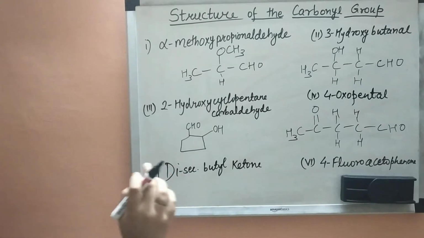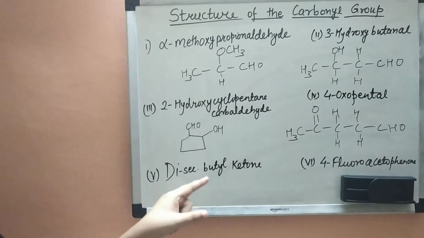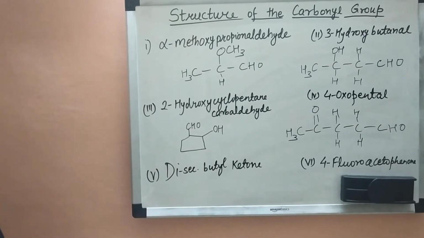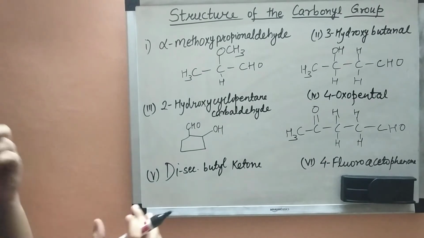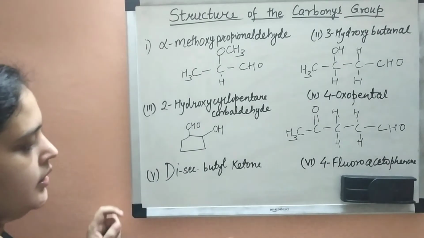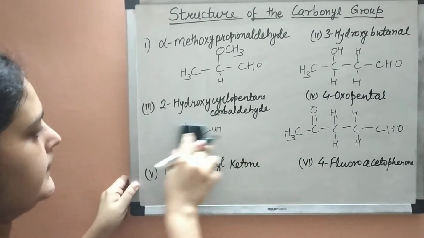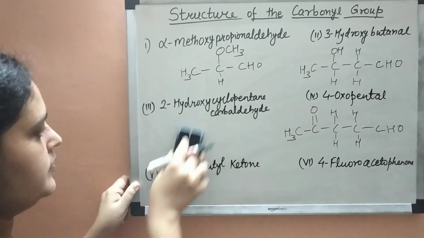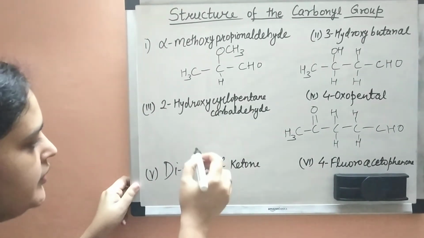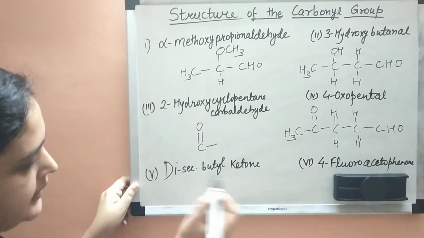Next is disecondary butyl ketone. So this is ketone. Disecondary butyl means the secondary butyl group is towards both sides of the ketone. So I have to make it somewhere here because there is no space. So first we have to make the ketone, then secondary butyl group.